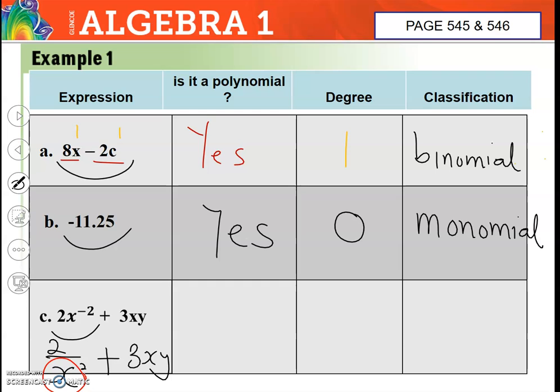So in that case, we say it is non-applicable, or none of the above. It is not a polynomial, so no degree and no classification.